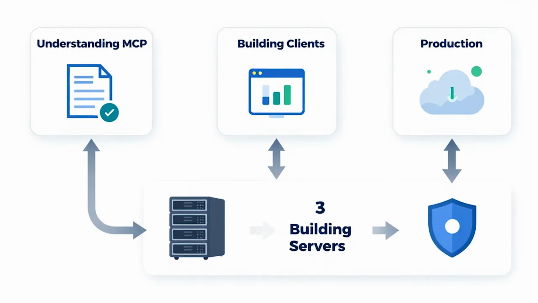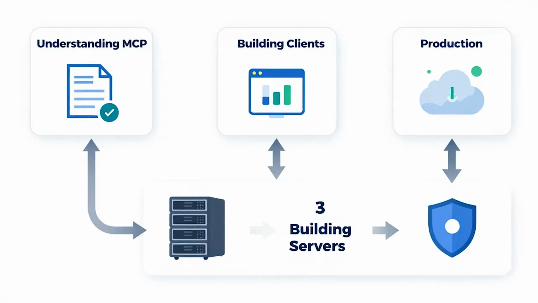This is where MCP comes in. MCP stands for Model Context Protocol. The best way to understand it is with an analogy. Think of MCP like USB for AI. Before USB, if you wanted to connect a printer, you needed a parallel port, a mouse, a PS2 port, a modem, a serial port.